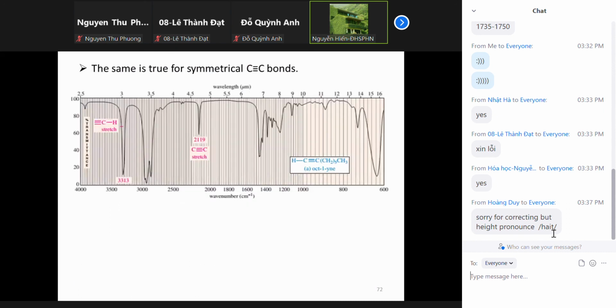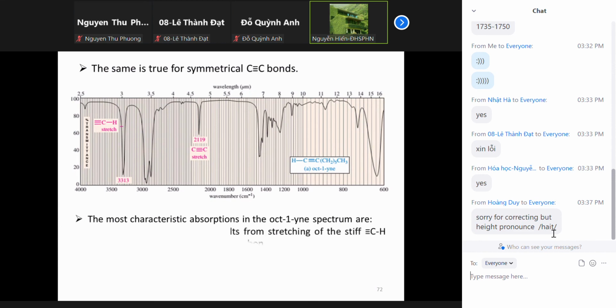Okay, the same is true for symmetrical CC triple bonds. So in this slide, you see the infrared spectrum of an alkyne, in this case a terminal alkyne, oct-1-yne. And the most prominent absorptions in the spectrum are the following. So you see a signal at 3,313 centimeters to the -1, far away from 3,000.